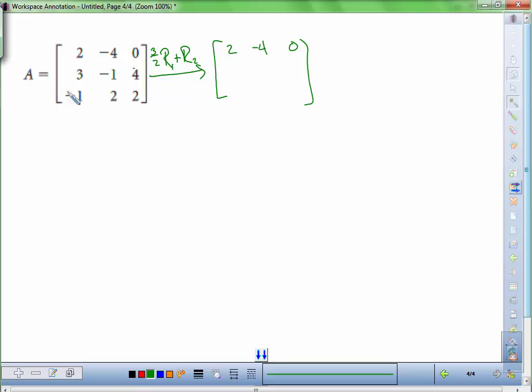So I'm going to look at this 2, and I'm going to see how I can knock off this 3. Multiply by negative 3 halves: this is going to be a negative 3, and then this is going to be gone. So that's my first task, to get anything below this leading term to be 0.